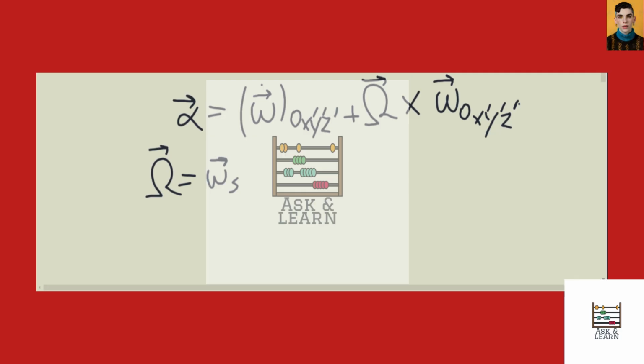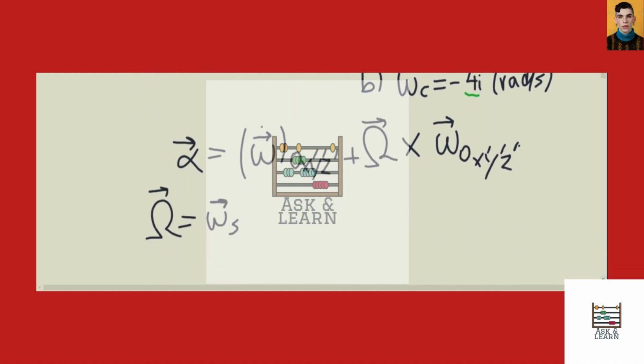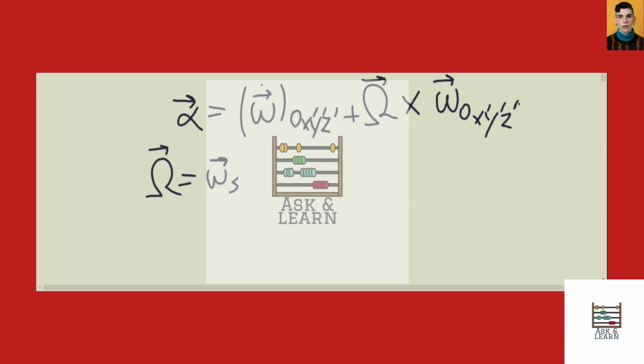From here we only know its magnitude, and from the drawing we can see that this is parallel to the y-axis. So let's express it like this, radians per second.